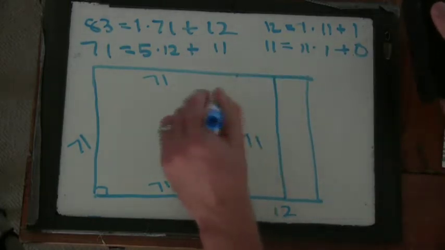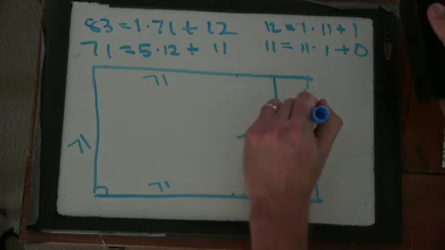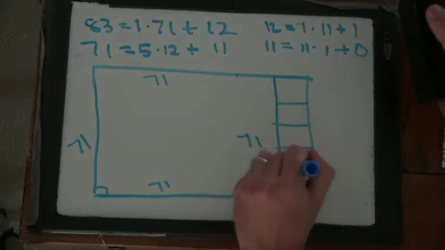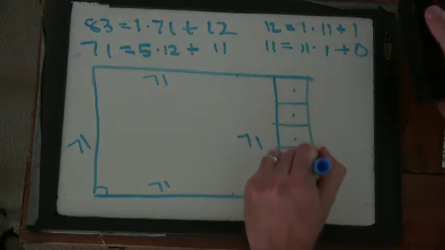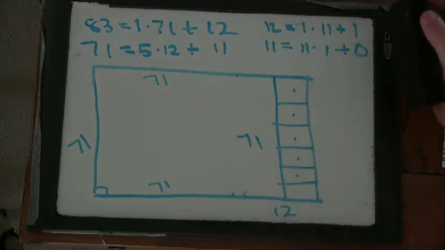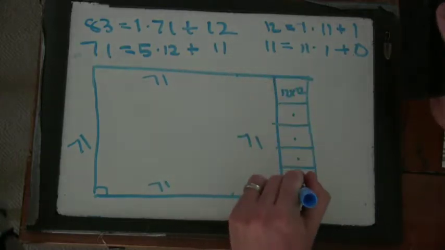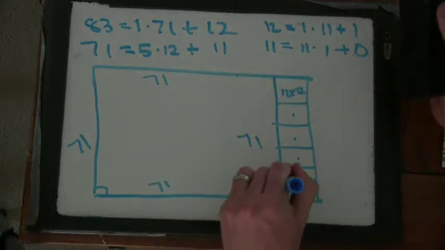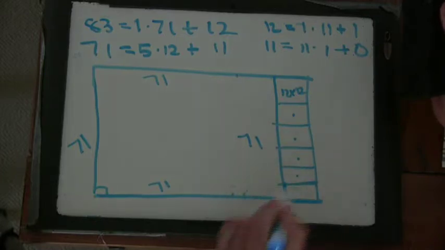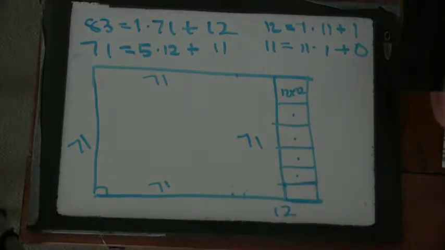Okay. So I can just draw 1, 2, 3, 4, 1, 2, 3, 4, 5, and those are supposed to be squares. Yep. And these are all 12 by 12 squares, and then what do I have down here? 11. It's 12. So you have 12 by 11.